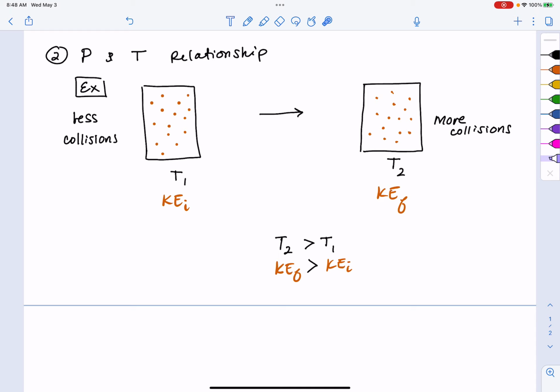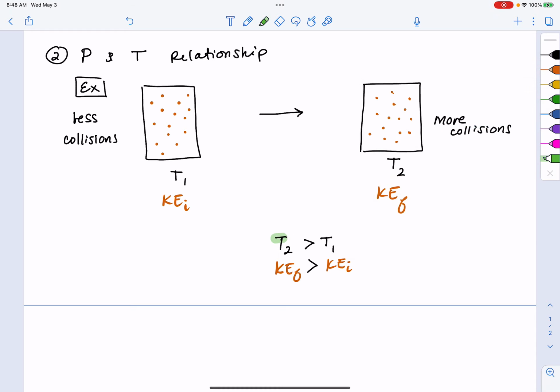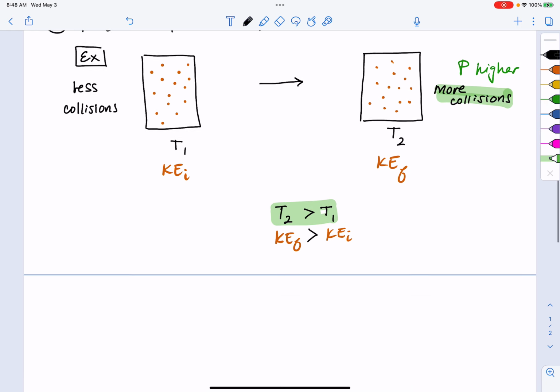So if I increase my temperature, and then I see an increase in our collisions, which means that we have to see an increase in pressure, then let's think about what that means.